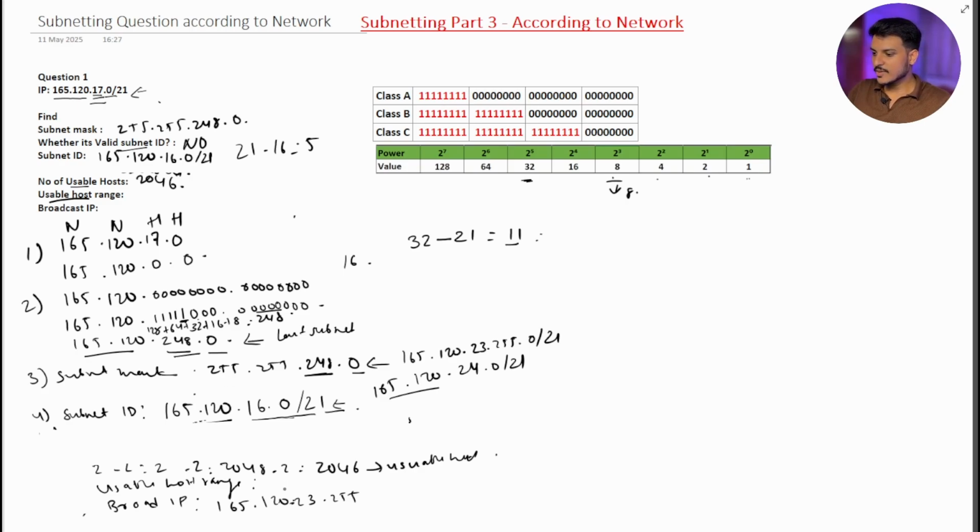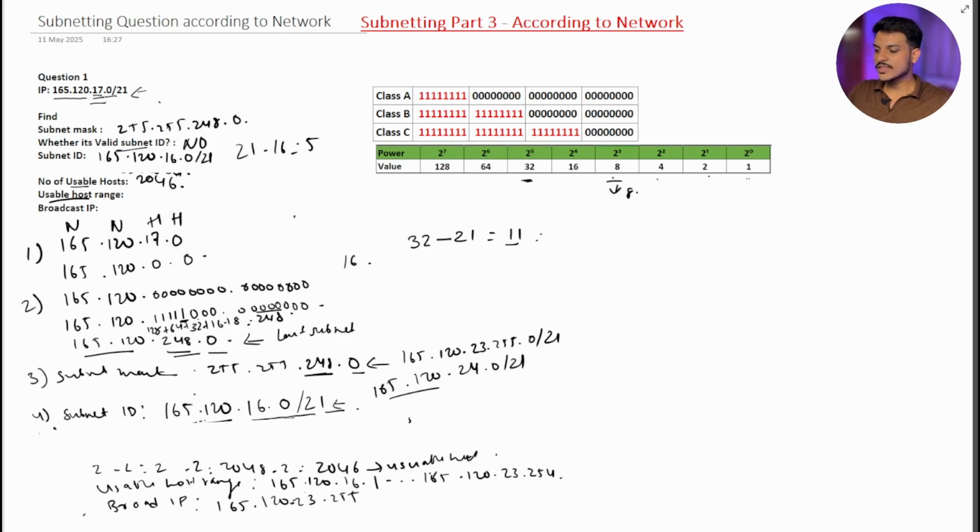So what will it be? It will be 165.120.16. After 0, it becomes 1. From here, till where will it go? Excluding the broadcast IP, meaning just the IP before the broadcast IP, it will be 165.120.23, and before 255 it will be 254.